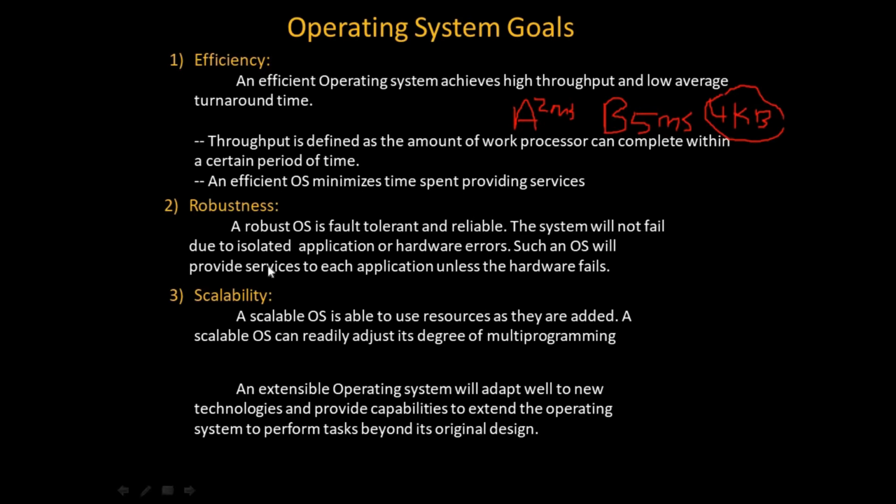The next is scalability. A scalable operating system is able to use resources as they are added. A scalable operating system can readily adjust its degree of multi-programming. So when more applications are added, the operating system can easily adjust its degree of multi-programming in order to accommodate the resources which are being added.